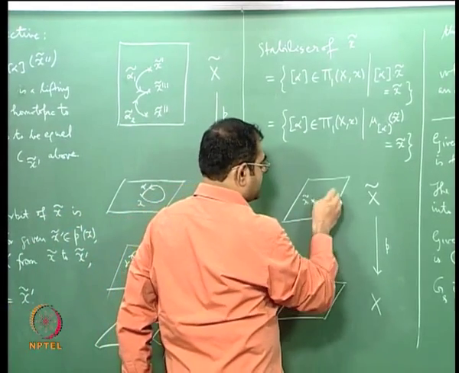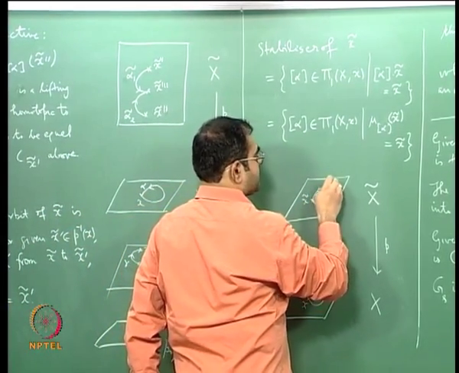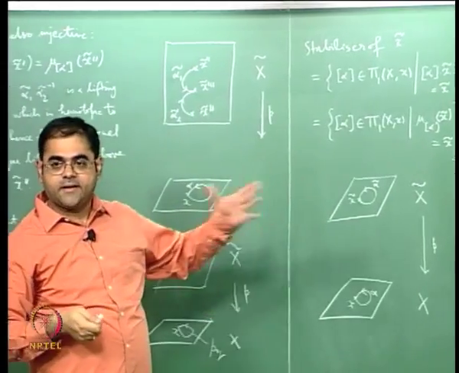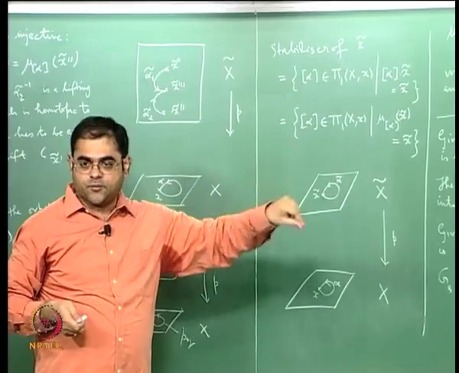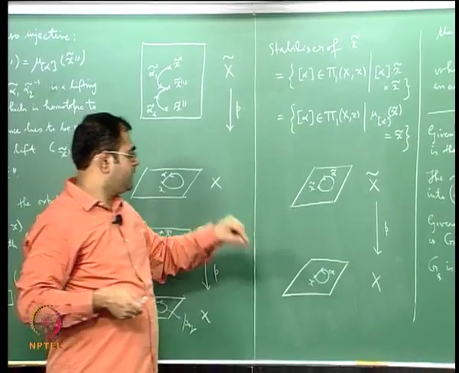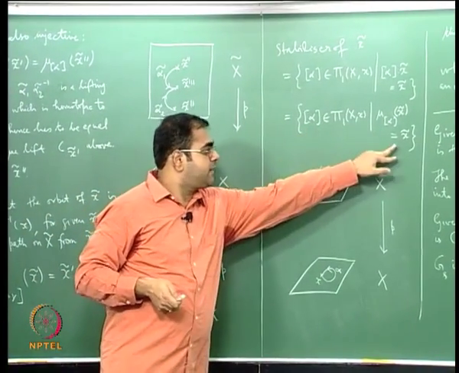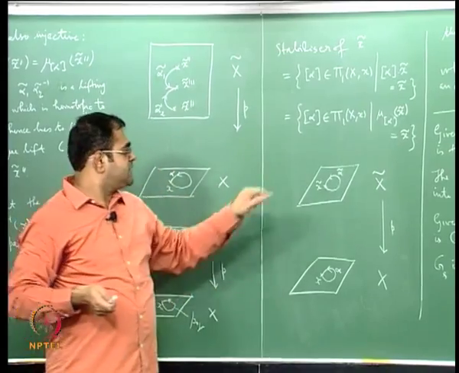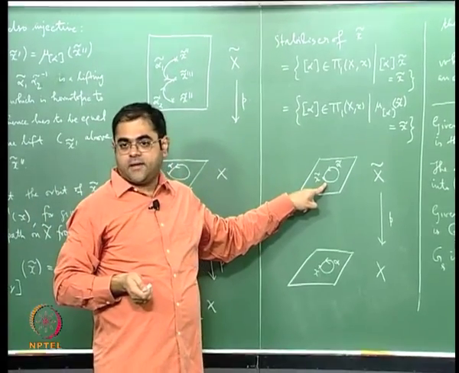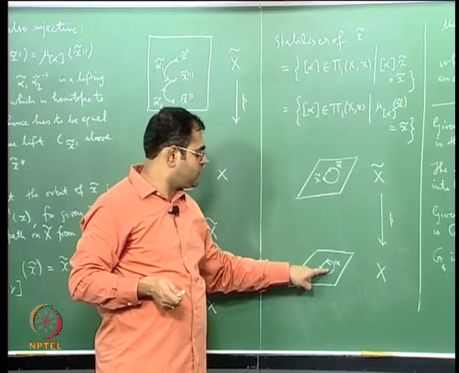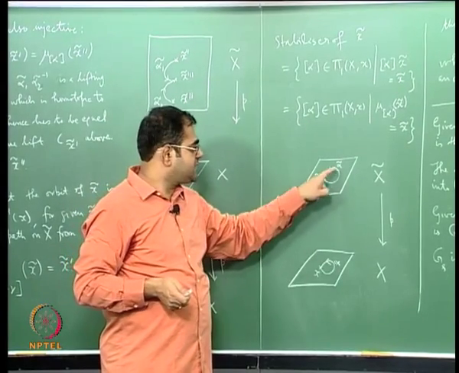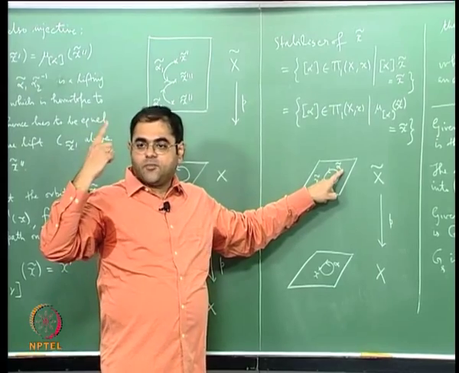So it means that alpha tilde is going to look like this, it also has to end at x tilde, because where it ends is where x tilde has to go to under the action, okay. And saying that x tilde stays put means that this is also going to be a loop above, okay. But then what is the image of this loop? The image of this loop is just alpha, and this is in the fundamental group above, okay.